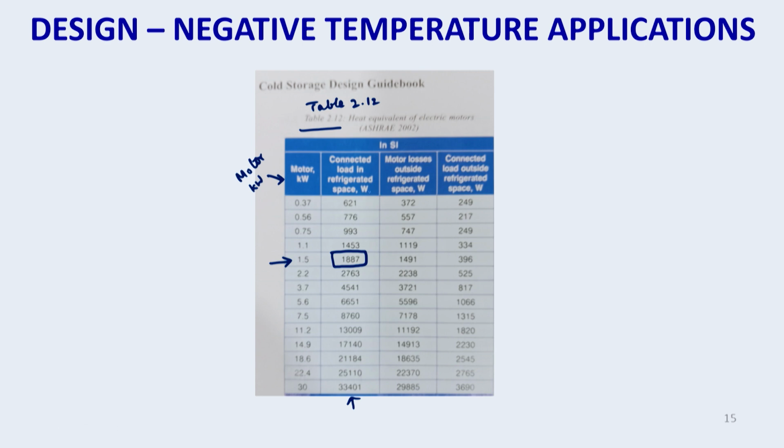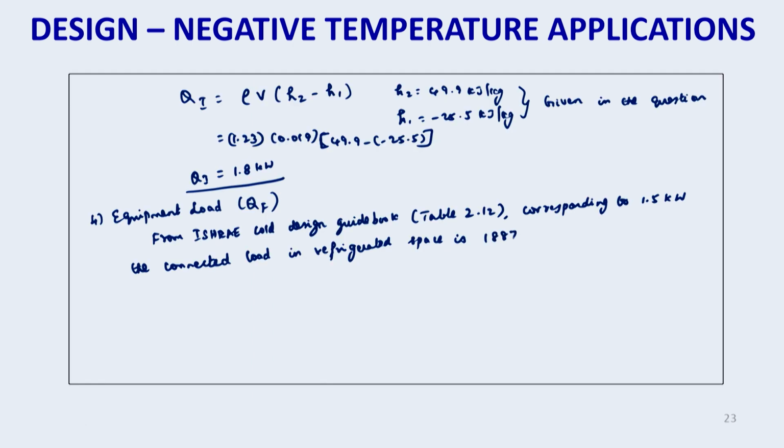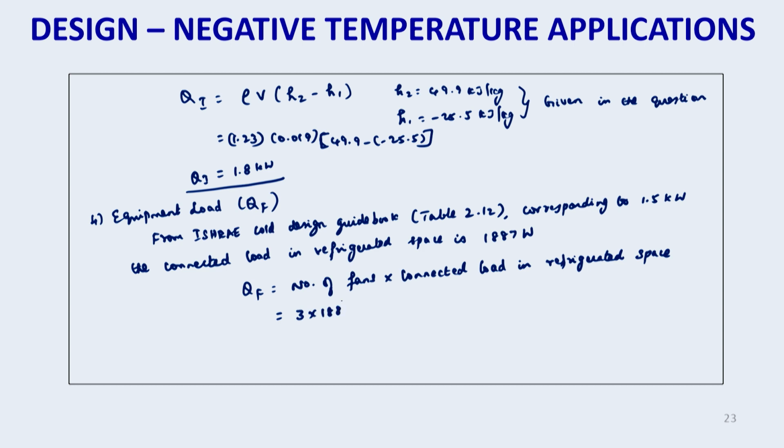Now QF is equal to number of fans into connected load in refrigerated space, 3 into 1887.